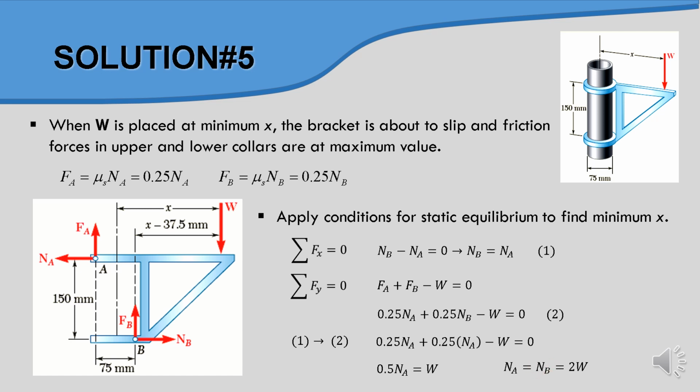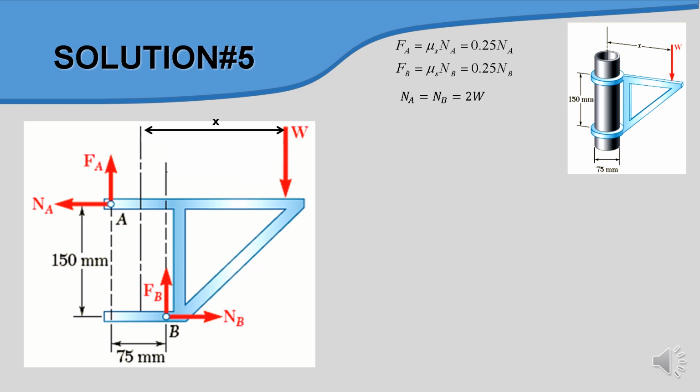Okay, now to use a moment. We know that W is at a distance X from the center of the cylinder, whereby we know that the diameter of the cylinder is 75 mm. So from here to here is 75 mm divided by 2, which is 37.5 mm, and the rest of here is X minus 37.5.